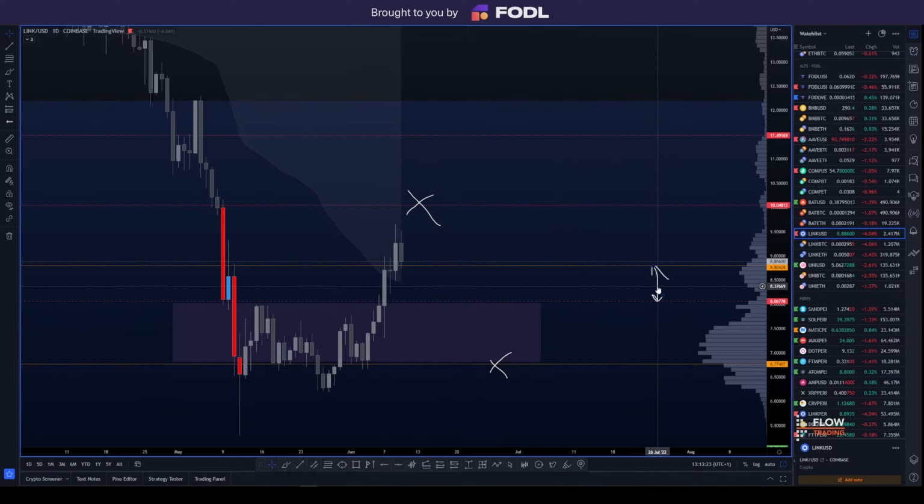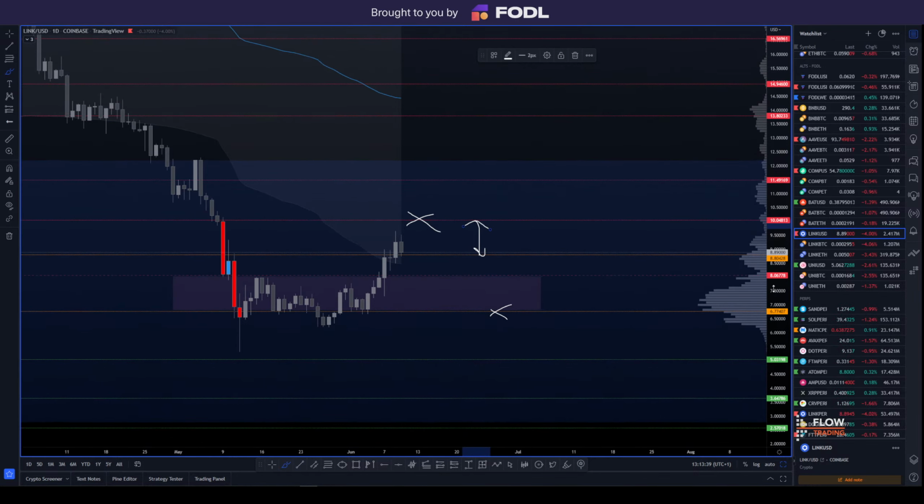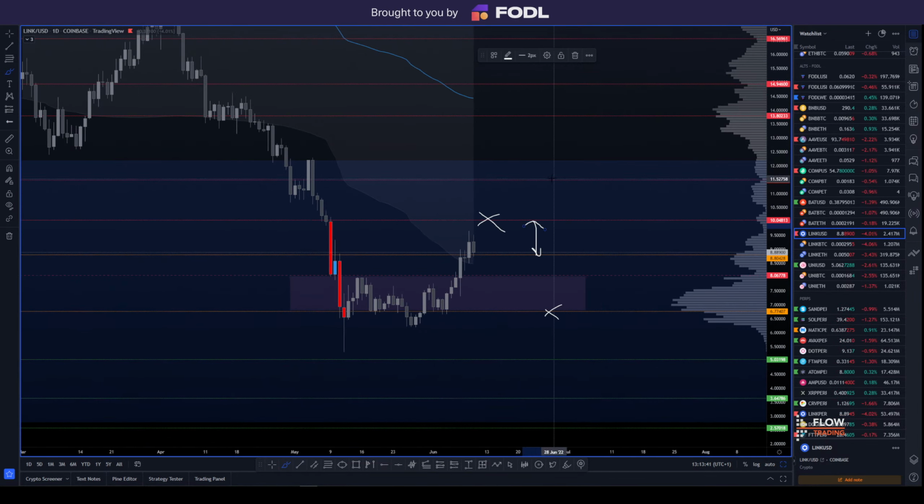This is potentially a range that I was seeing here. All right, but if we bounce here, then I think we've got a very good chance of going even higher than this. Actually, I think we could go as high as the top of the range there, right, and potentially put even a range here.